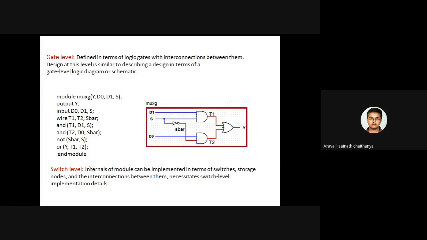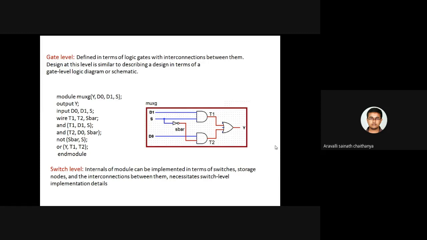As the technology becomes more sophisticated, switch level generally consumes a large amount of power, so hardware designers generally use behavioral, data flow or gate level abstractions only. Okay. Then all these are defined in terms of a hardware description language, that is HDL.